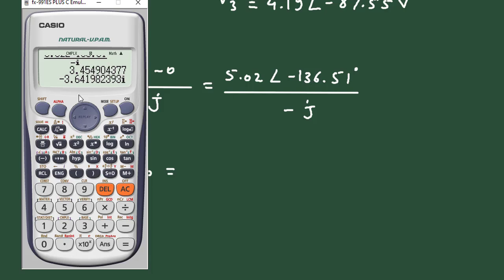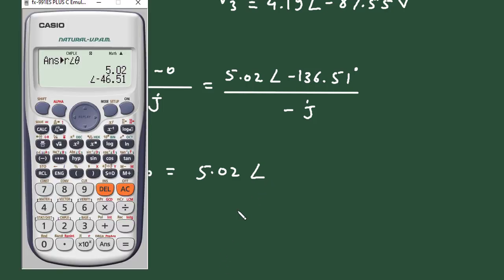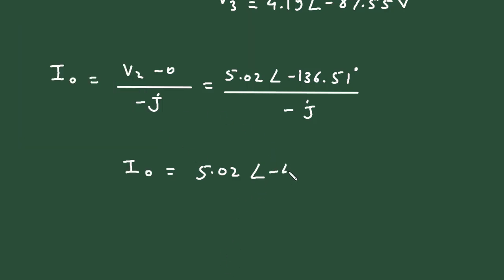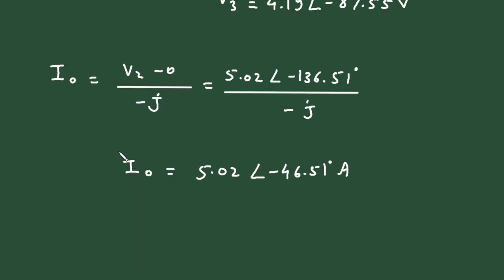It is equal to this much in rectangular form. In polar form, shift 2 3, it is 5.02 at an angle minus 46.51 degree ampere. This is the answer for IO in phasor domain.